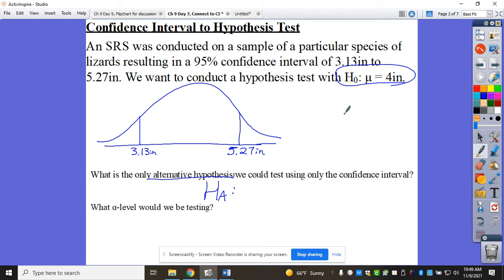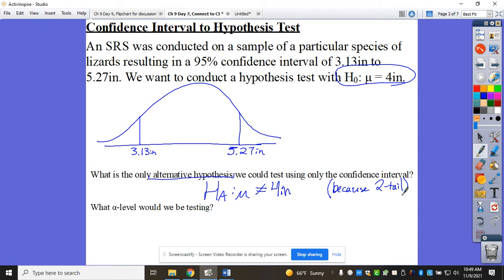We're still dealing with mu, still dealing with 4 inches. The only one that would result in a picture that looks like this is not equal to. It is 2 tails. So this relationship that we are making right now is only between a confidence interval and a 2 tail.